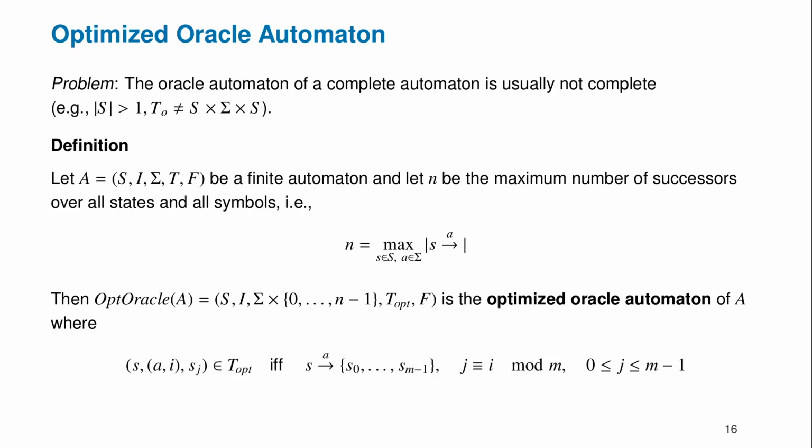Yeah, and this is what the modulo does. For example, if n is three, and m is just 2, then we have a gap of 1, and we have one transition which is labeled with i0 and with i2. Okay, let's have a look at an example.